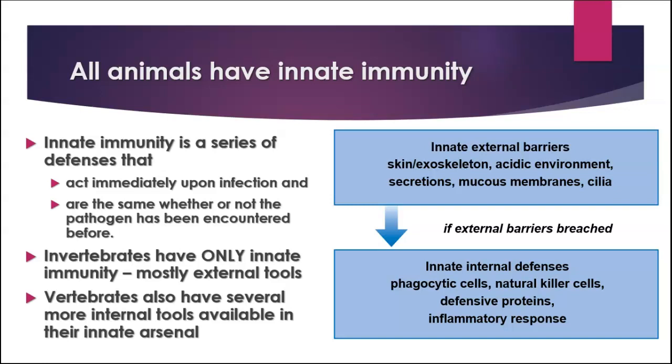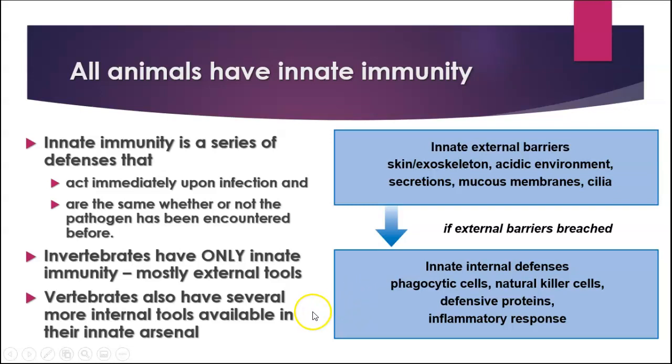Vertebrate animals also have a couple of more internal tools available in their innate arsenal, in addition to the external things like your mucous membranes and the cilia in your nose, in your respiratory tract, things like that. So the internal defenses like phagocytic cells, natural killer cells, and so forth will come into play only if the external parts are breached.